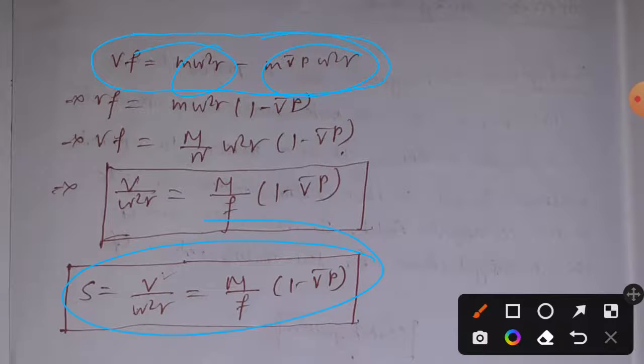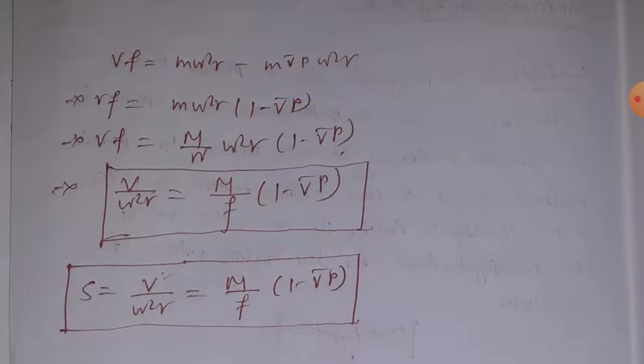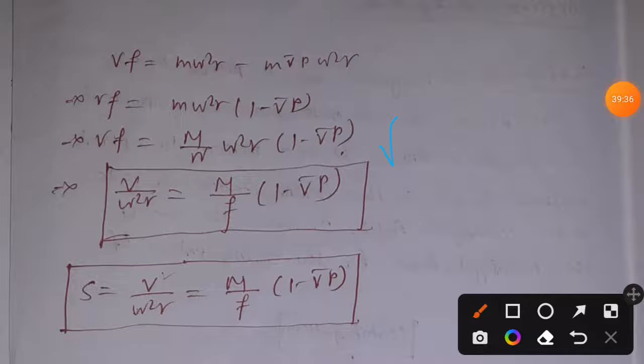From that we can calculate the sedimentation coefficient. The definition of the sedimentation coefficient is very important for the university exam. It is the ratio of the velocity to the centrifugal acceleration. Now there is another term I want to mention, the Svedberg.